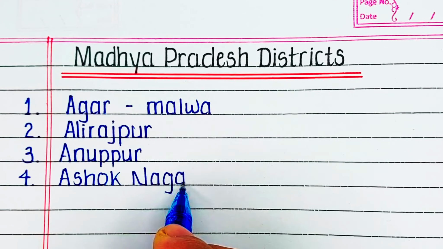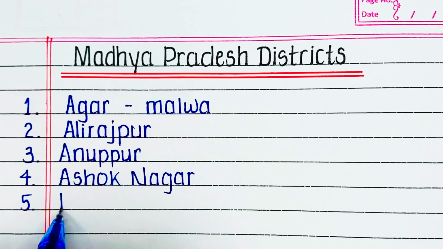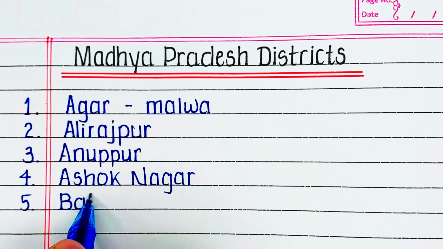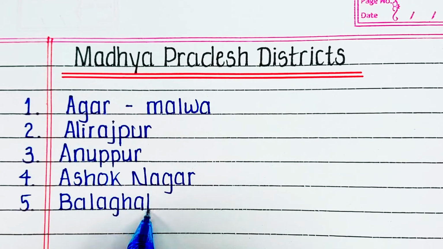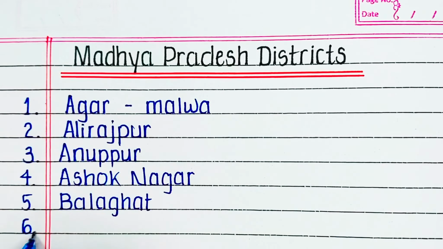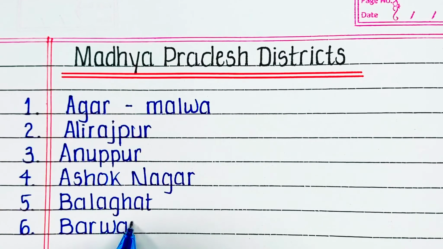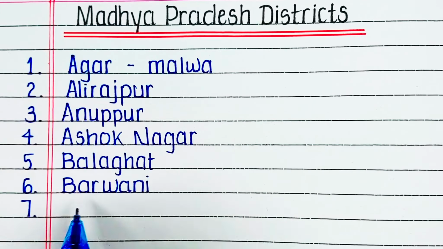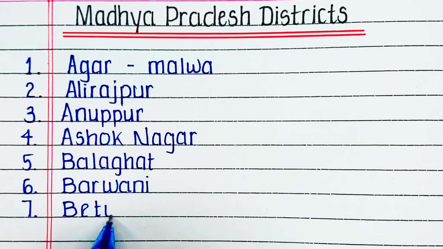Next district is Ashoknagar. Next district is Balaghat. Next district is Badwani. Next district is Baitul.